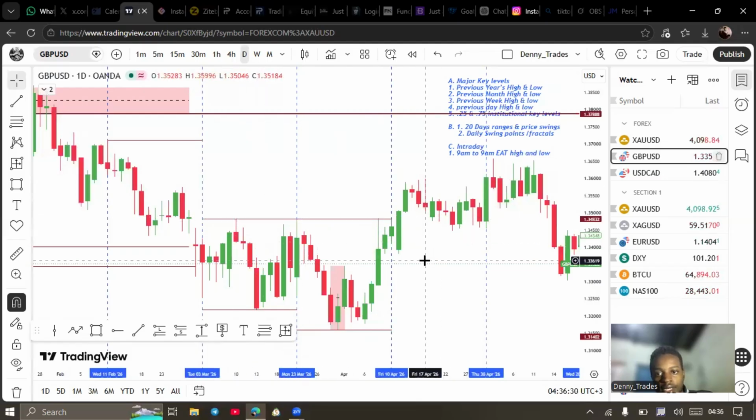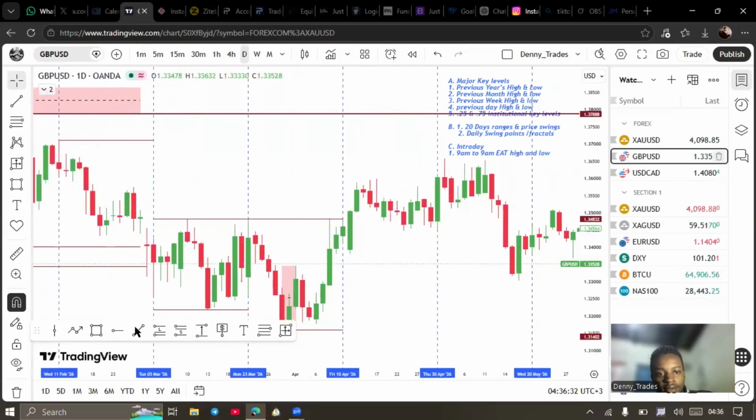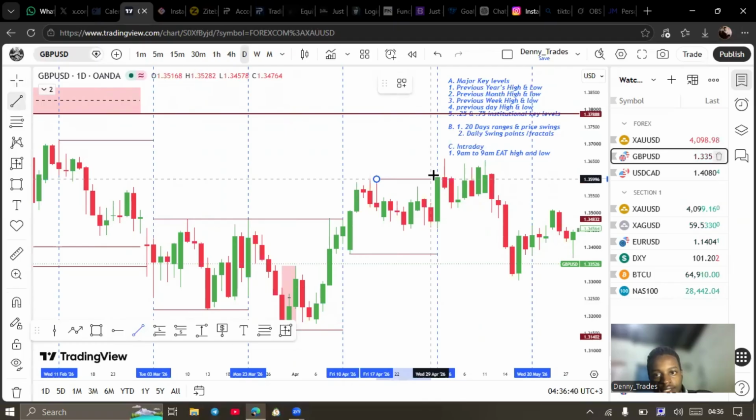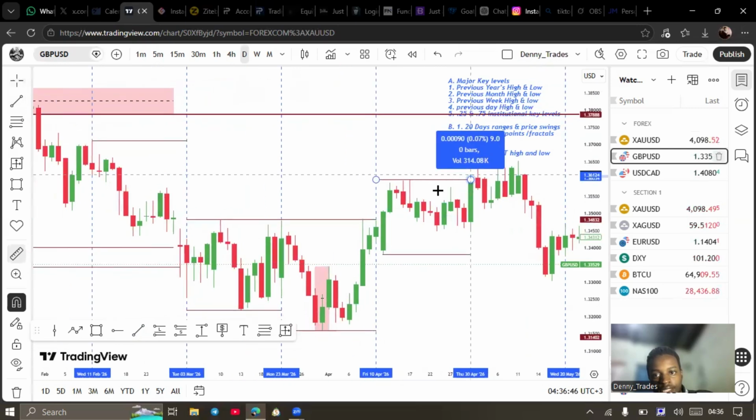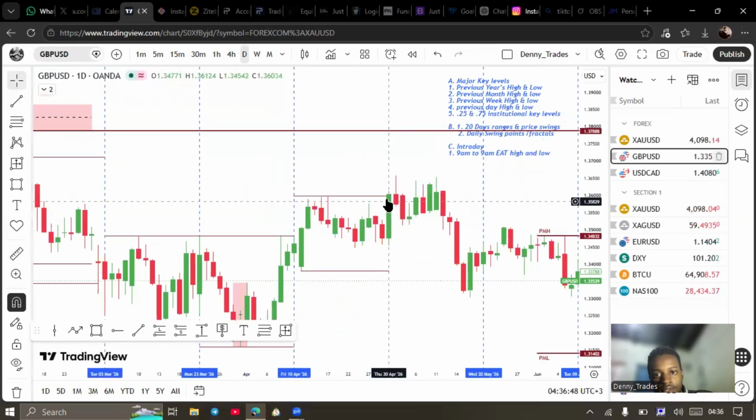Okay, again here we have this 20 days range low, and then we have this 20 days range high, right. Okay, before a significant reversal, price is going to reverse on a previous range high.